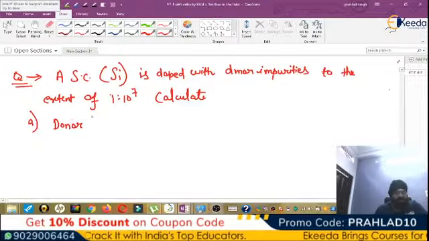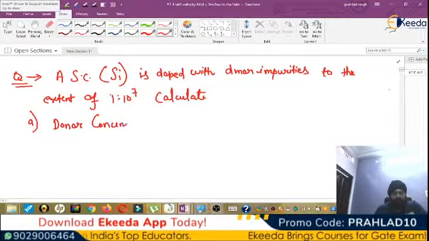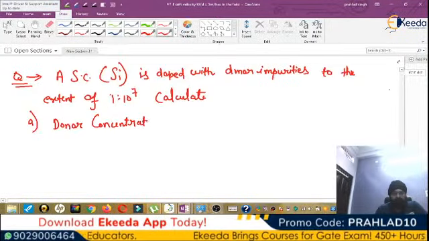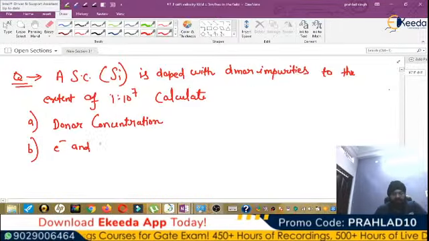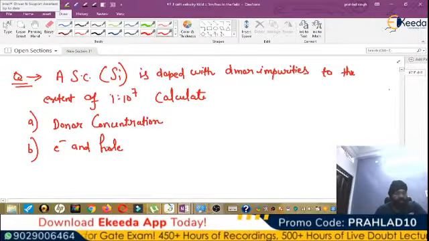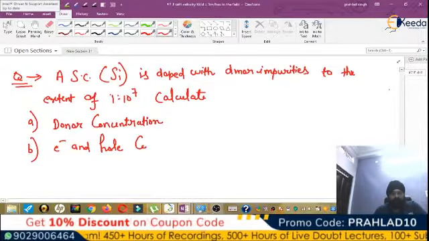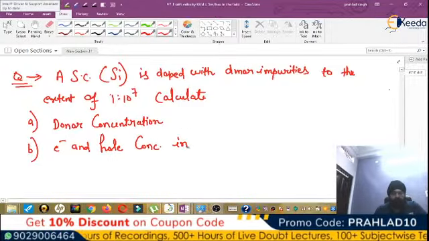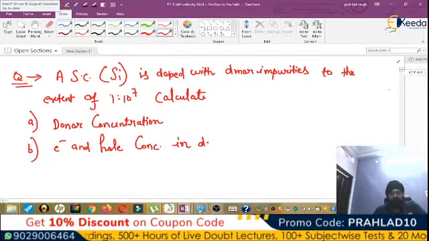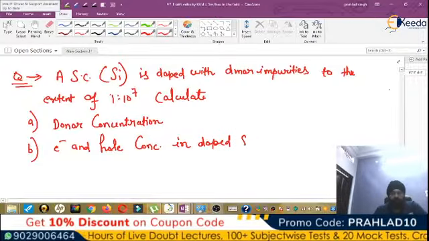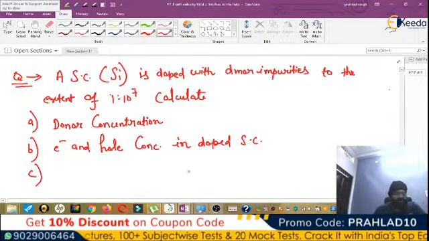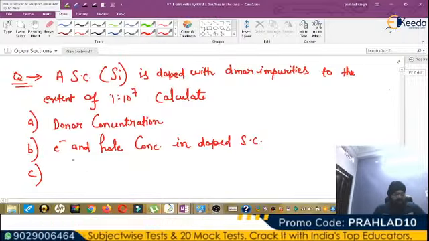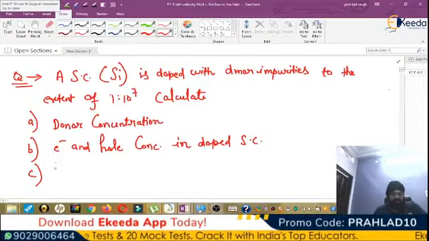Then calculate, first part, the donor concentration; the electron and hole concentration in the doped semiconductor; and the conductivity and resistivity of the doped semiconductor.